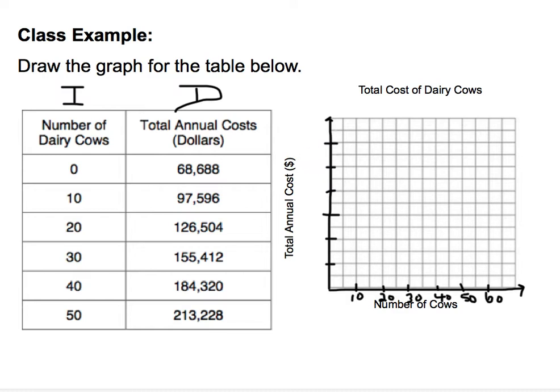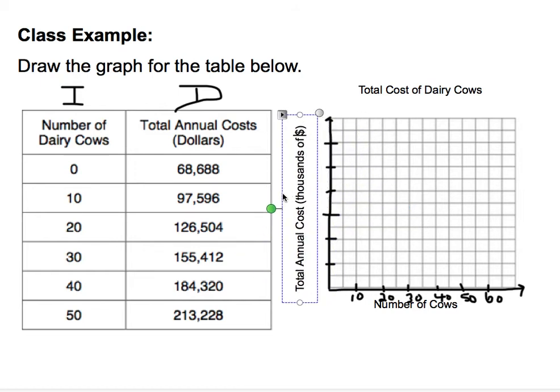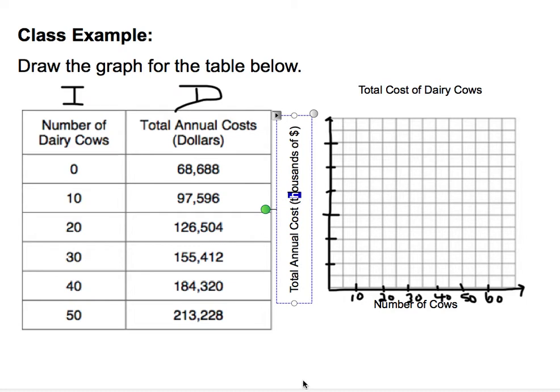Okay, so what we can do is we can actually change this. I don't want to write thousands out. So what I'm going to do is I'm going to put thousands of dollars. I'm just going to change my label to make sure that I don't have to write out all those numbers or all those zeros.